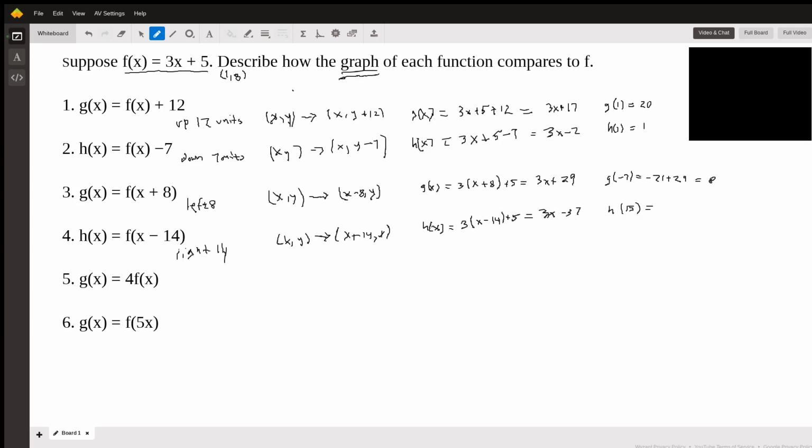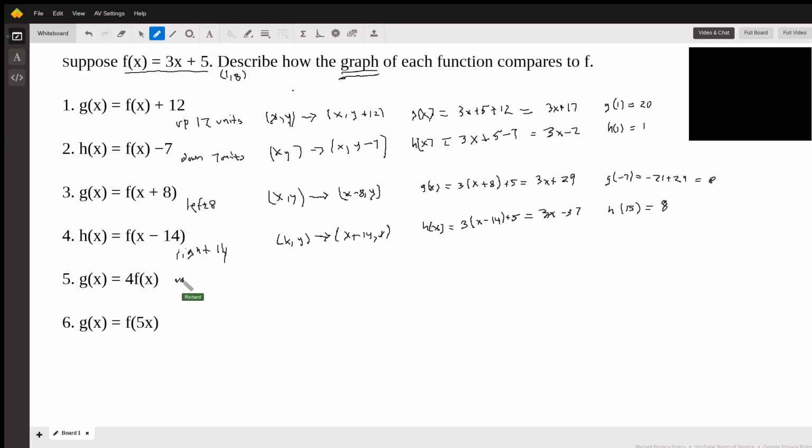So 45 minus 37 is 8. You can see y doesn't change. See, the y stays the same, and the x goes up by 14 units. The original is 1 comma 8. Just keeping that in mind, just so you can see that this will always work.